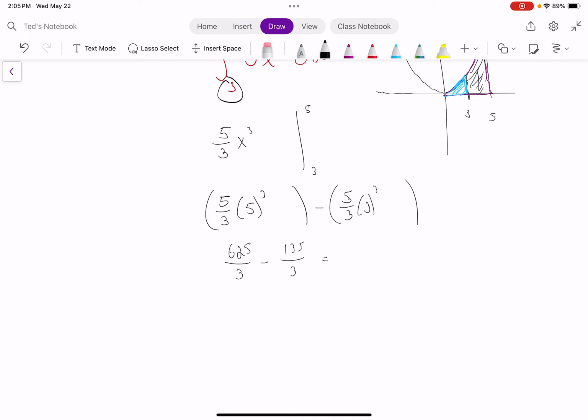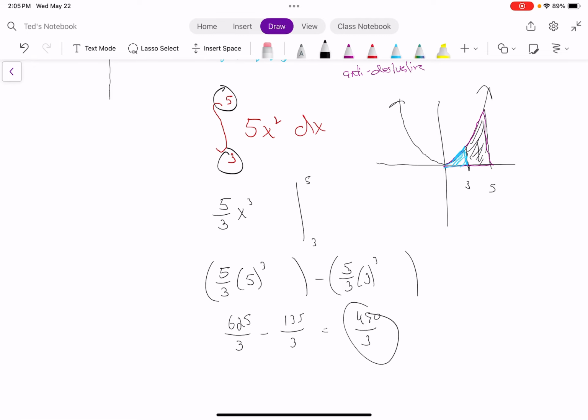So that's equal to 625 minus 135, which is 490 over 3. So that is the answer for that integral.